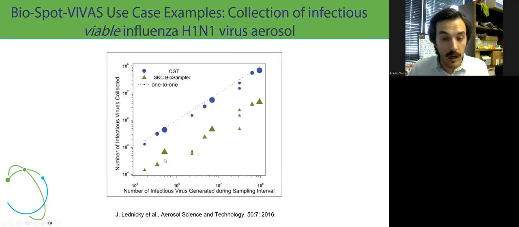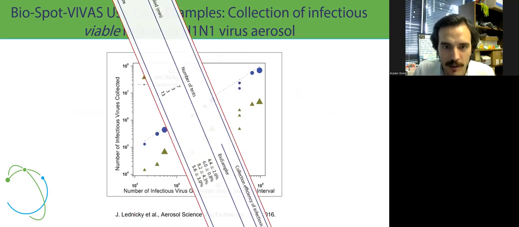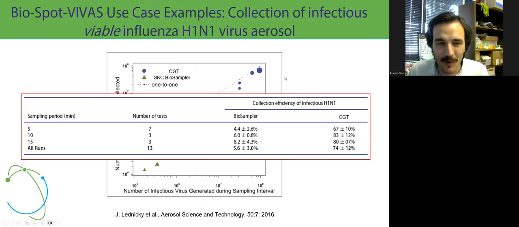Another run here as well, in John Lednicky's paper sampling viable H1N1 influenza. Sorry about the spin there. That probably doesn't show up well on the Zoom recording. But for a variety of different tests, comparing the SKC biosampler to the Biospot Vivis, the water condensation growth tube collector, plus or minus the error bars given, you are seeing about a factor of 10 increase in capture of infectious H1N1.